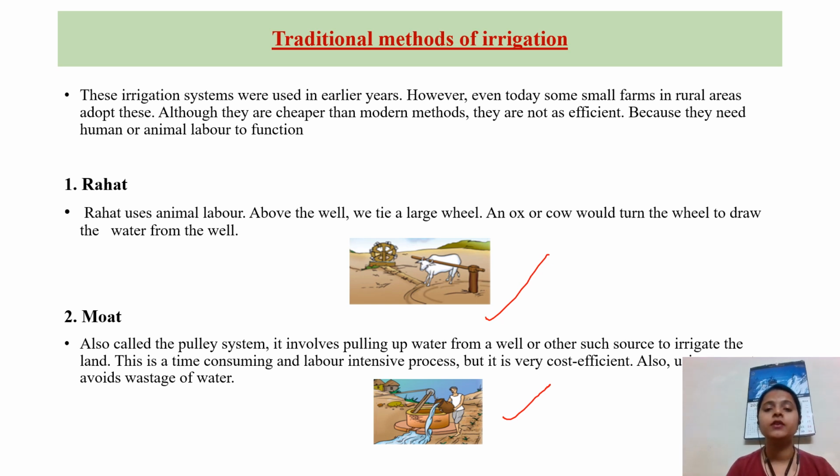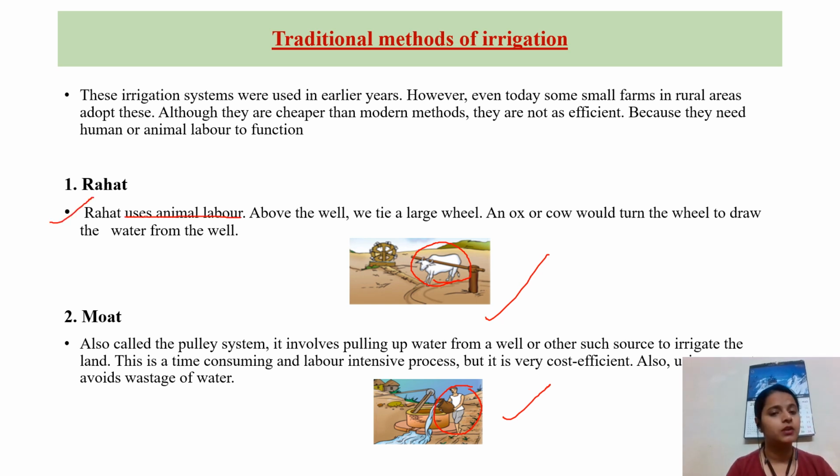However, even today some small farms in rural areas adopt these methods. Although they are cheaper than modern methods, they are not as efficient because they need human or animal labor to function. As you can see here, in the Rahat, animal labor is required, whereas in Moat, human labor is required, isn't it?